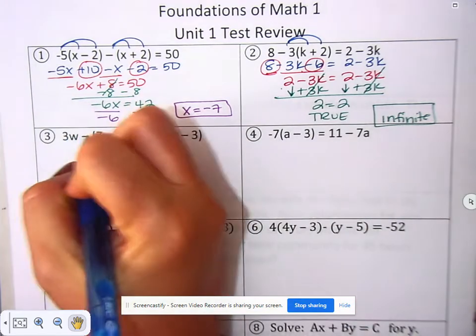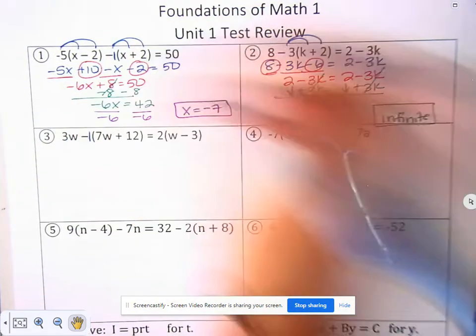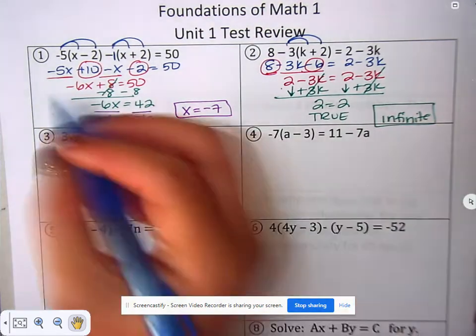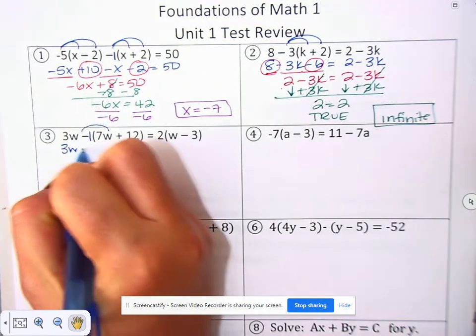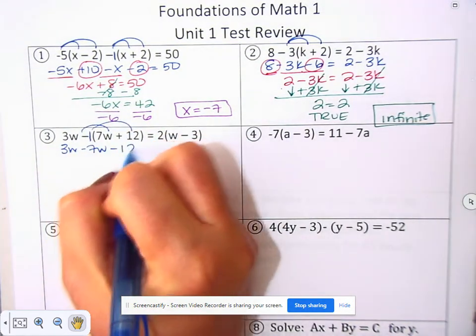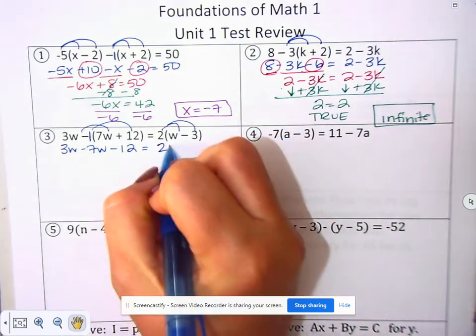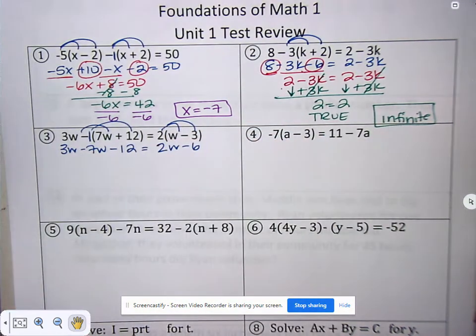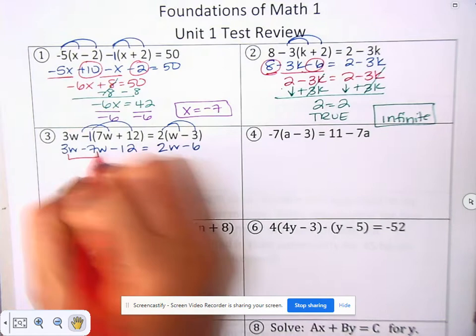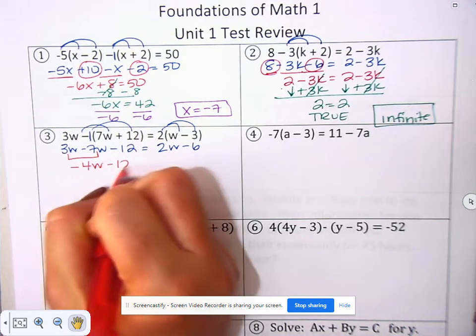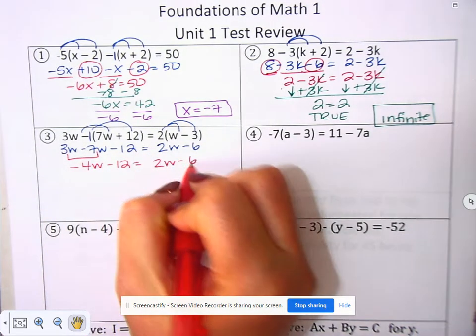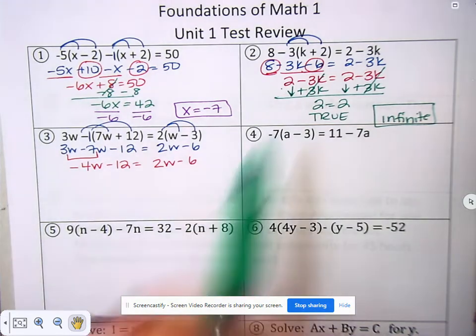All right, number 3. This is an understood negative 1, just like it was here, but people are seeming to forget that. Okay, so that's going to turn that into a negative 7w and a negative 12. 3w minus 7w gives me negative 4w, and now it is a variables on both sides equation.